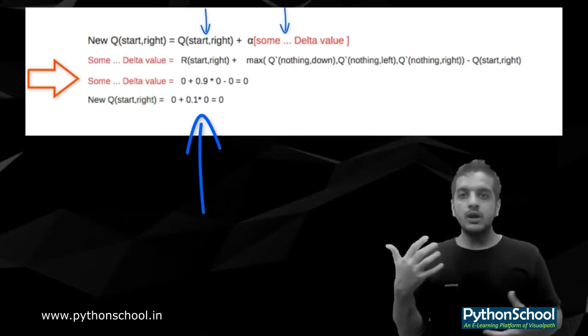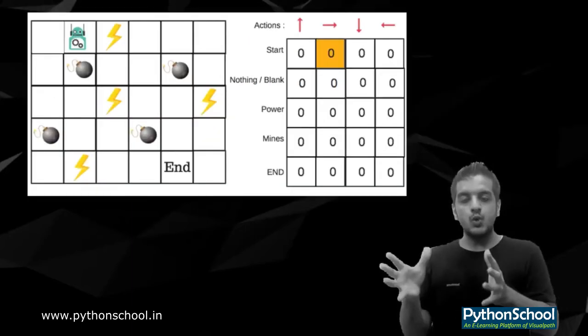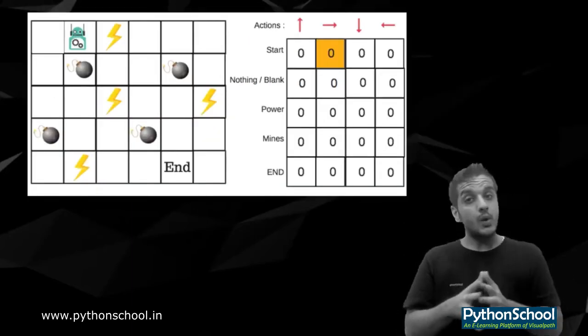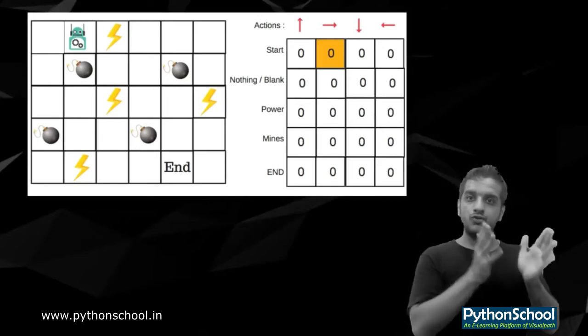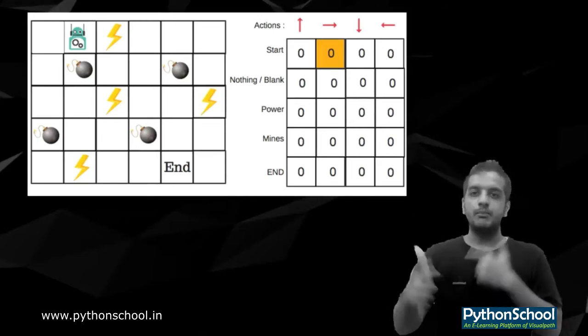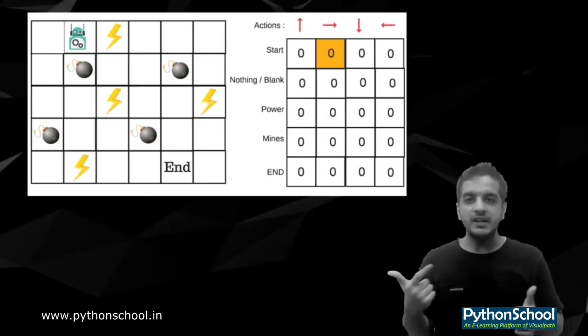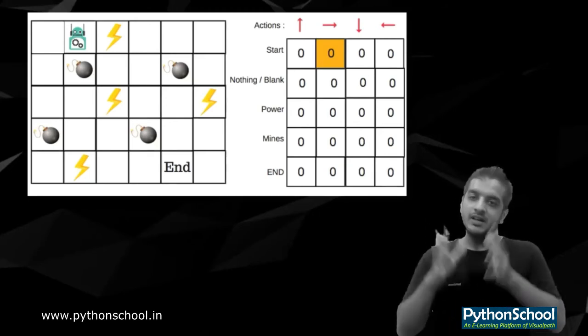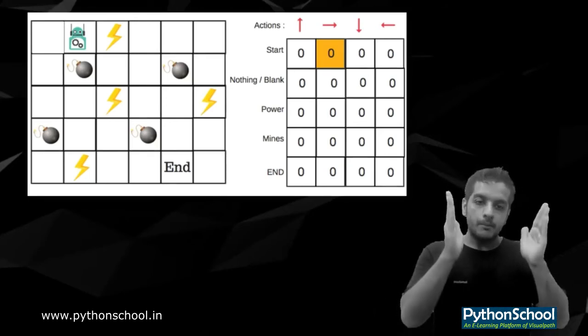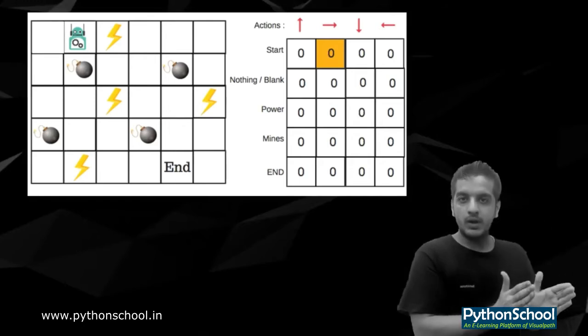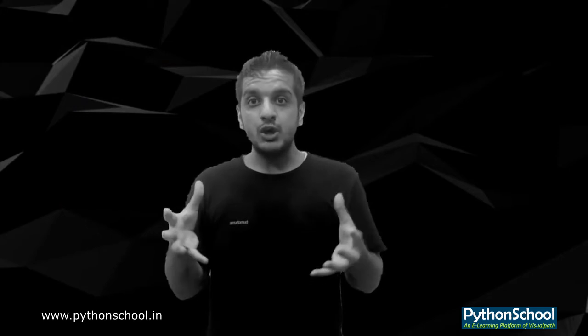After doing all the computational stuff, we see that our Q value has been updated to 0. It doesn't matter that this is updated to 0 because this is an iterative process. We continuously go on updating the Q value until the iteration stops or we plan to stop it manually. So at the end we get a Q table which can be used to determine the best possible actions.